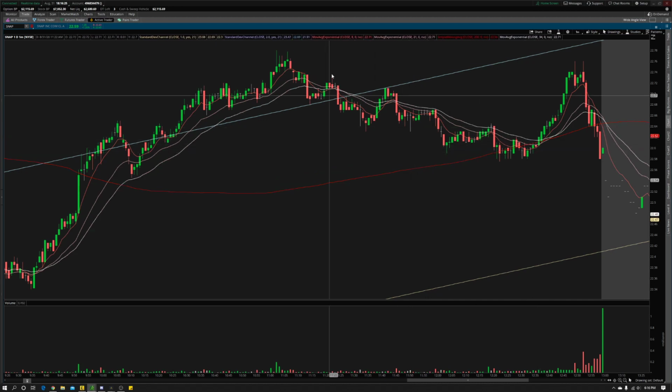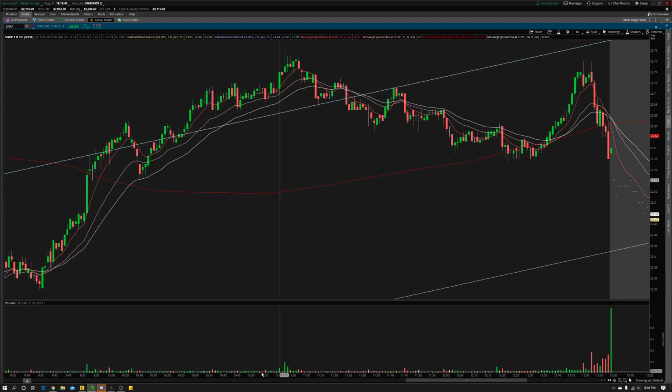I use that sometimes as a stop loss, sometimes as an area to add. Like it bounced off the 34 right here. If I was watching this at the moment and I was already in the position, I would add, or if I wasn't, I could get in. But another thing is, you want to see a lot of volume.